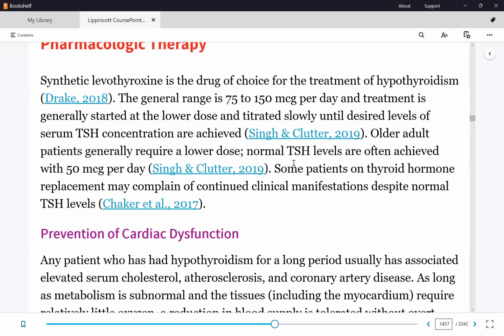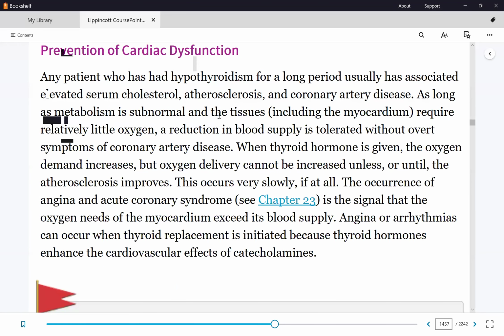Now, because the patient was hypothyroid for a while before we diagnosed them and they received treatment, it's been a while wherein the heart, specifically the heart function, has been used to very little T3, T4 levels. Because of that, the patient has developed some heart damage during that period.